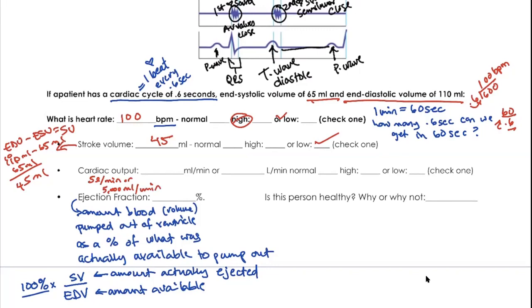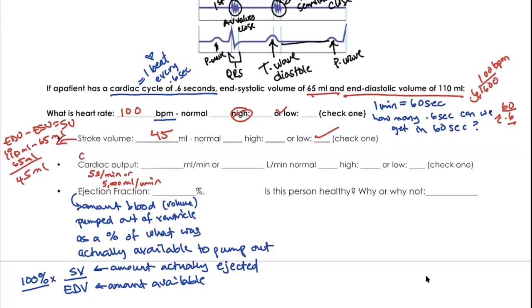And so if you multiply, because remember cardiac output is equal to heart rate times stroke volume. And in this case, it's 100 times 45. I hope you can do the math in your head. And so that is 4,500 milliliters per minute, or 4.5 liters per minute. And that is low because normal is about 5 or a little bit higher.